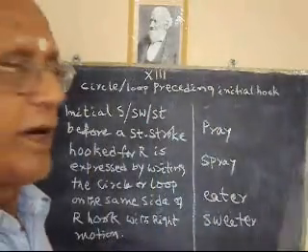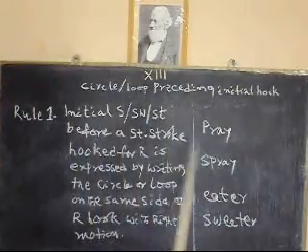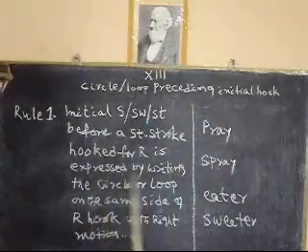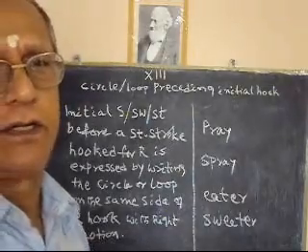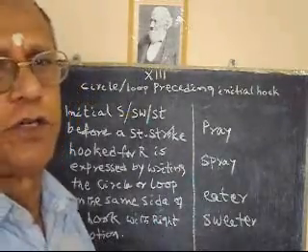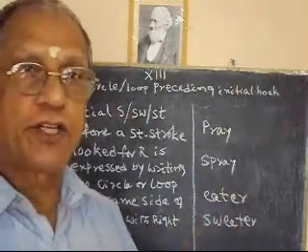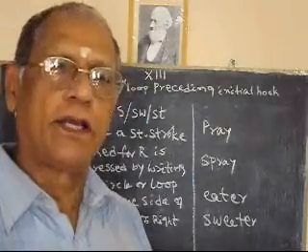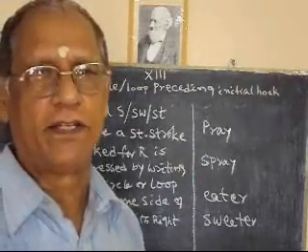Initially, in the beginning of a word, initial S, swa or st, before a straight stroke hooked for R is expressed by writing the circle, small circle or large circle or loop, on the same side of the R hook, that is with right motion, because R hook is written with the right motion only, isn't it?